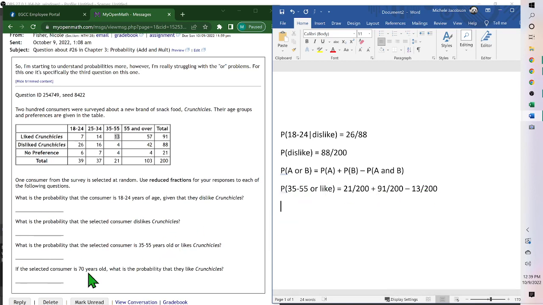The last one. If the selected consumer is 70 years old, what's the probability they like crunchies? So this is the probability they like them given 70.